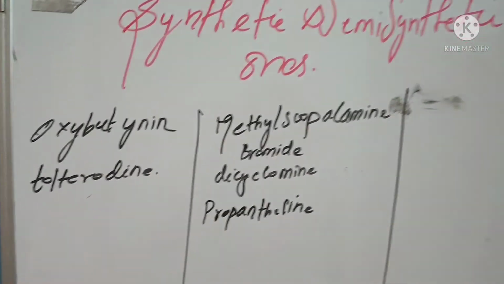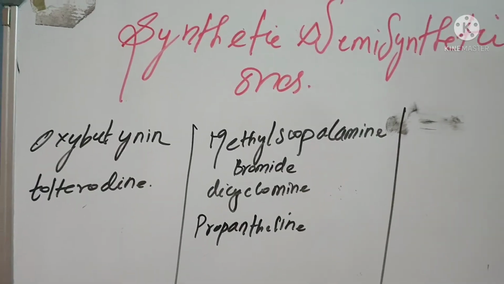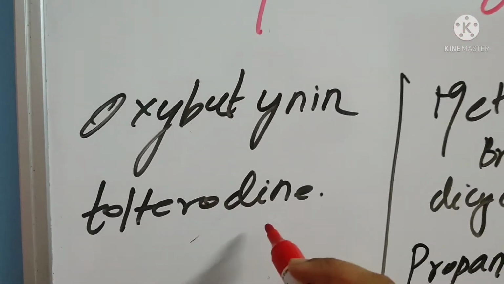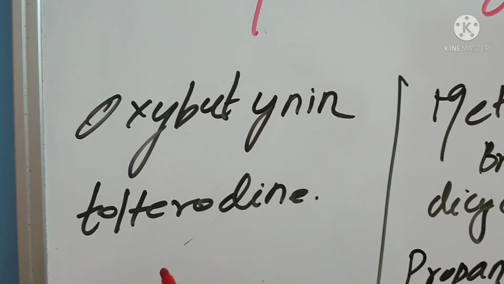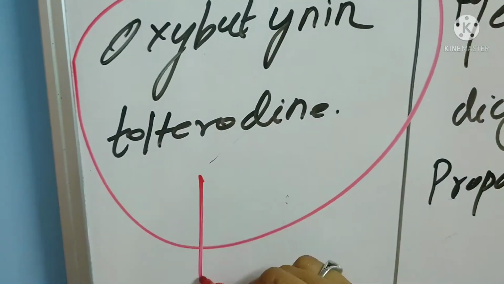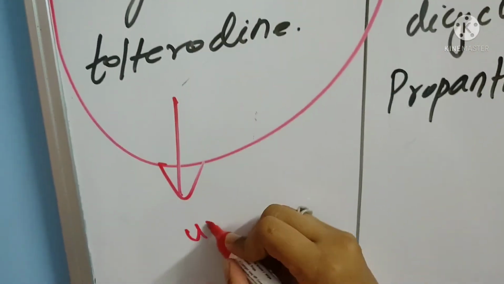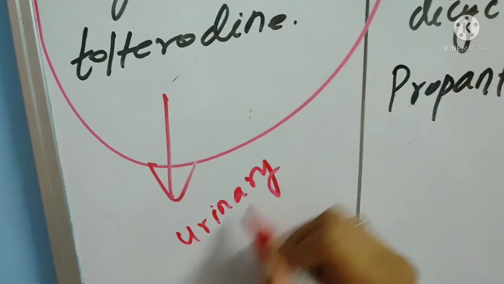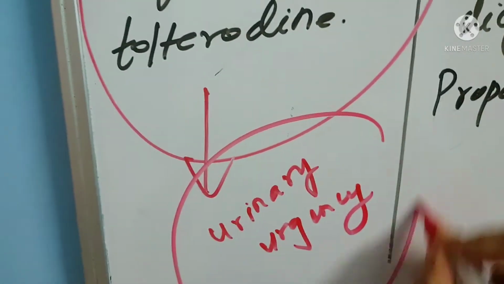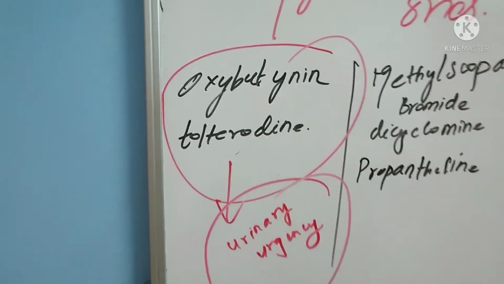Synthetic and semi-synthetic muscarinic receptor blockers: oxybutynin and tolterodine. Oxybutynin and tolterodine are the two drugs which are used in the treatment of urinary urgency. Since it causes urinary retention, it's used in urinary incontinence.